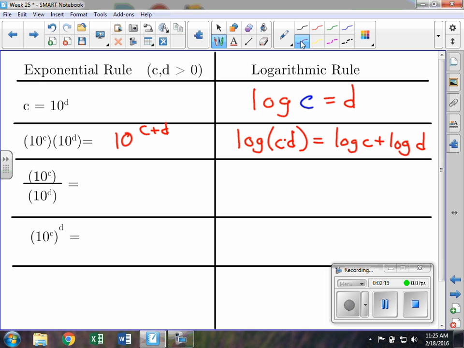On the left-hand side, we're multiplying the powers with a shortcut of adding the exponents. In logarithmic form, this is how that same piece is stated. If you are multiplying bases, the shortcut is to add the exponents.